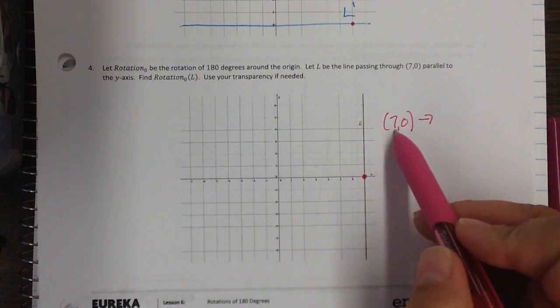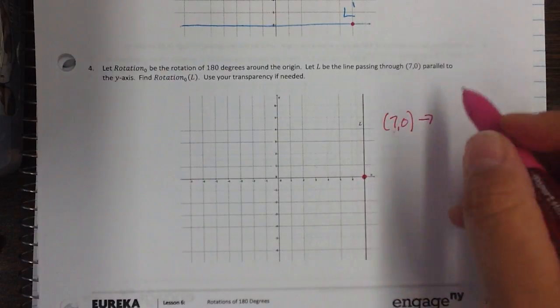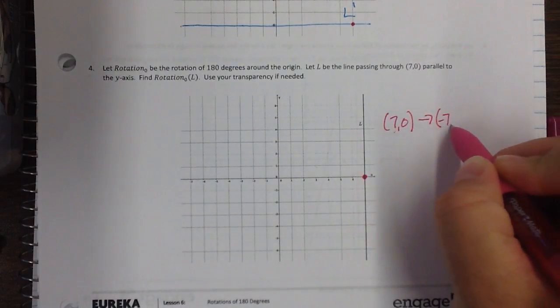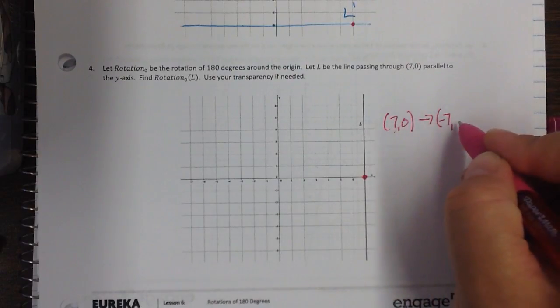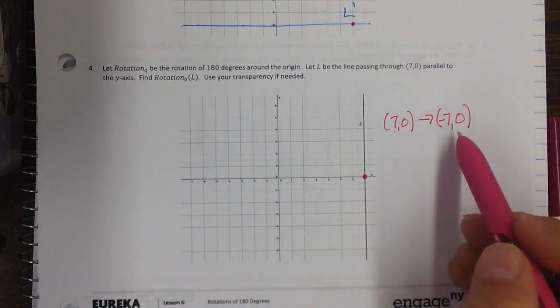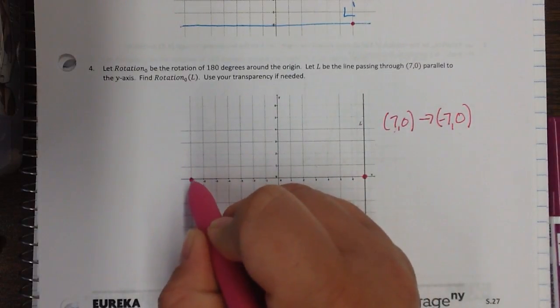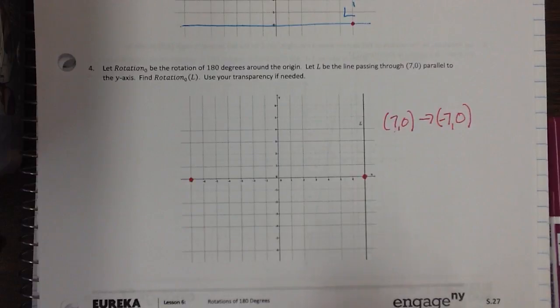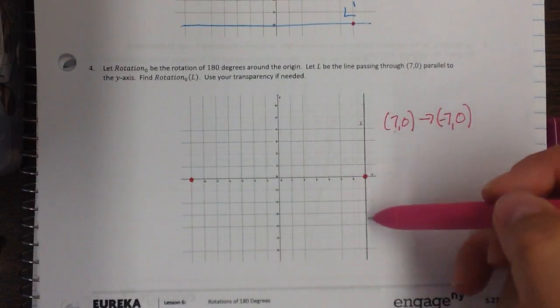When we do a 180 degree rotation, all we're doing is changing the signs. So it was positive 7. So now it becomes negative 7. It's 0. 0 does not have a sign, so we just put the 0 here. So at negative 7, 0, which is right here, the line goes through that point, but it also has to be parallel to the y-axis and the other line.